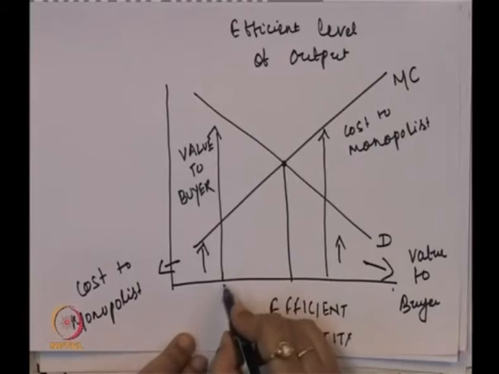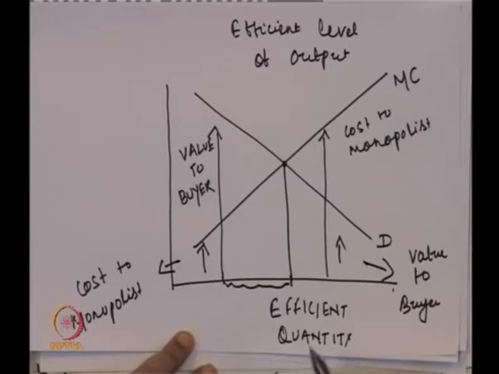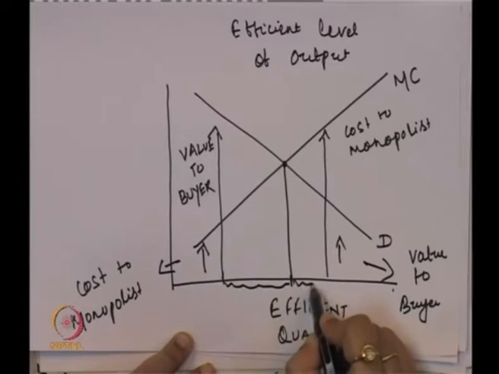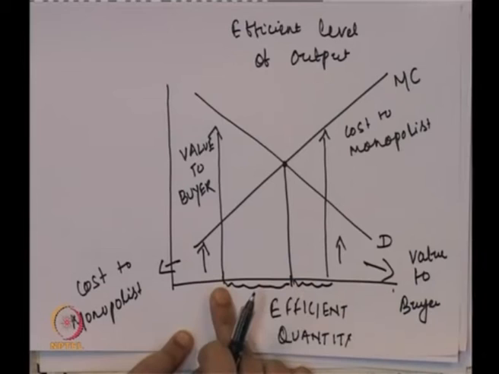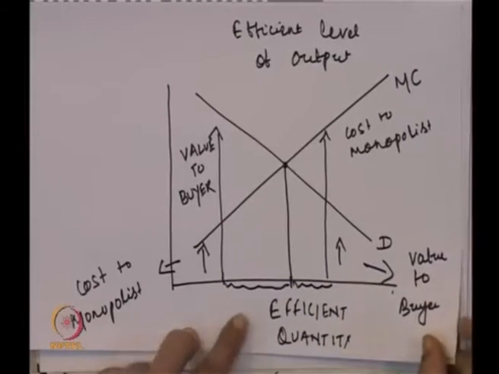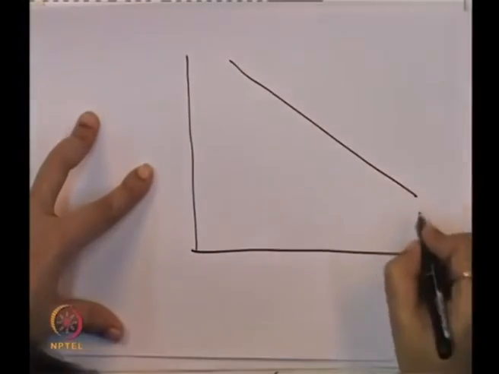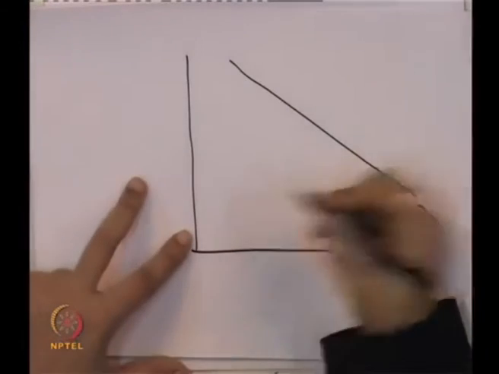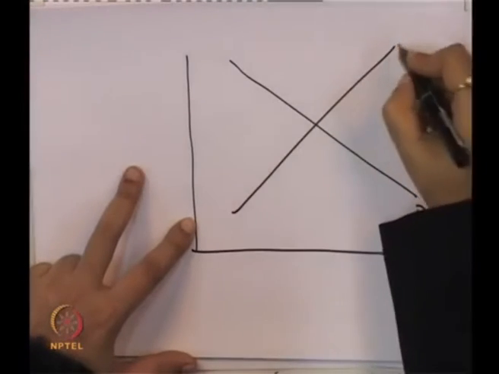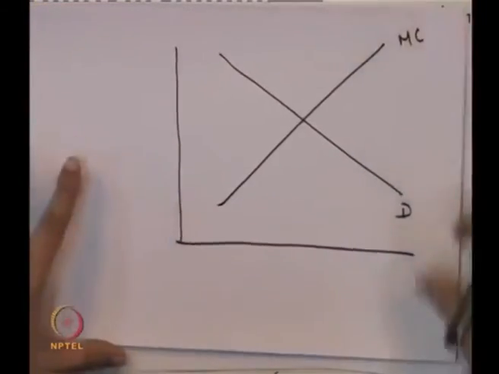Now, we have two segments. This should be the efficient quantity, and we have two segments with respect to this: one which is before the efficient quantity and one which is beyond the efficient quantity. What happens in both situations? If you take this graph again, this is our demand curve, the value to the buyer, this is the marginal cost, the cost to the monopolist.